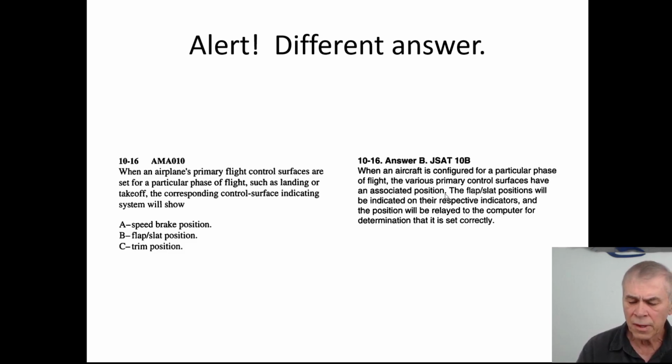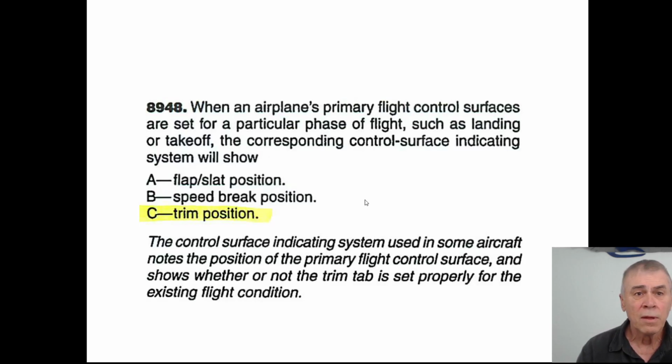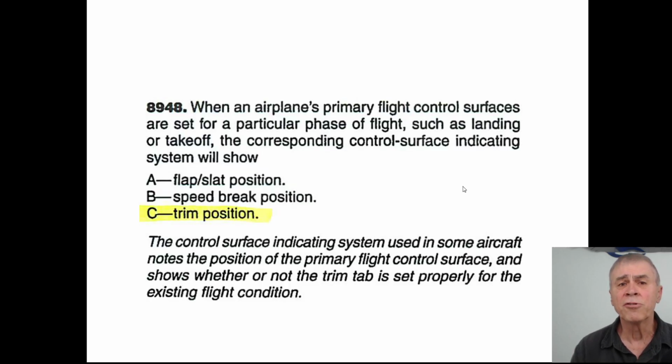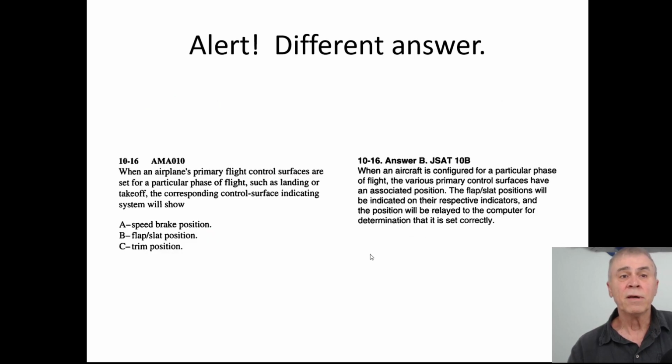And in general, if Prepware has one answer, 8948 indicates Prepware or perhaps ASA numbering, compared to a Jeppesen test guide, where the FAA publishes the questions, they don't publish the answers. But in this case, I do not believe that flap slats are considered a control surface, so Jeppesen is wrong. The correct answer is C.